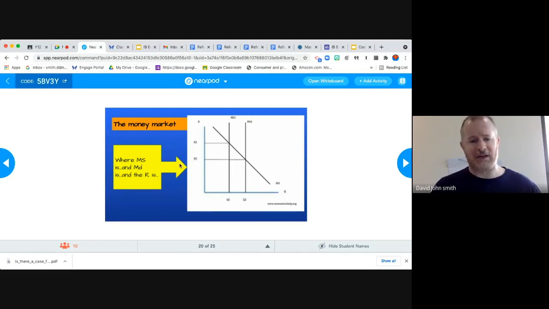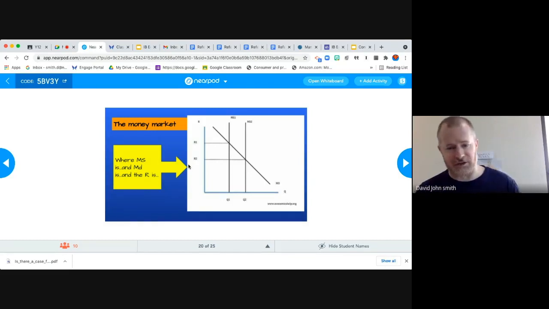That's the interest rate there that is impacting on people when they're making decisions about whether to buy goods and services or not, getting into credit, but it's also impacting on people's decisions about whether to save money or not. Because that idea of interest rates is kind of like the opportunity cost of holding money. Okay, so that is the money market.